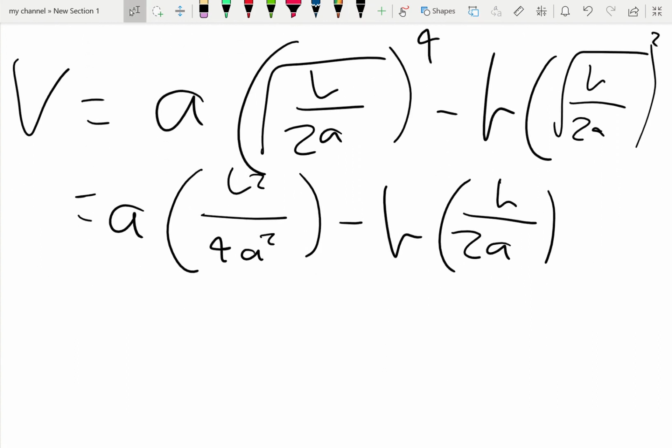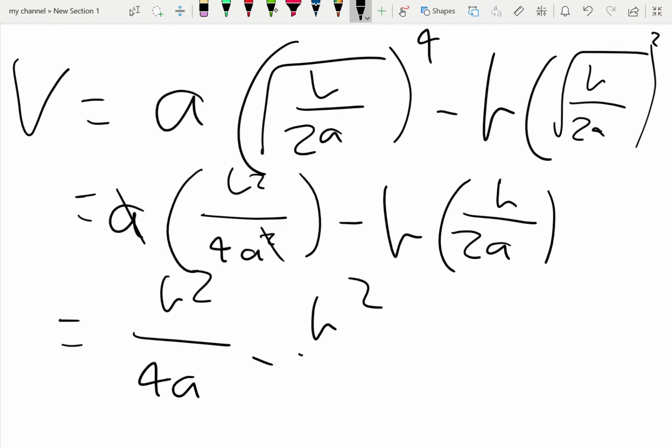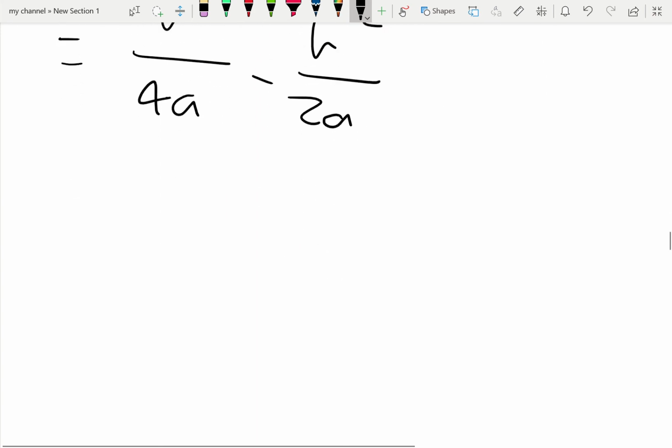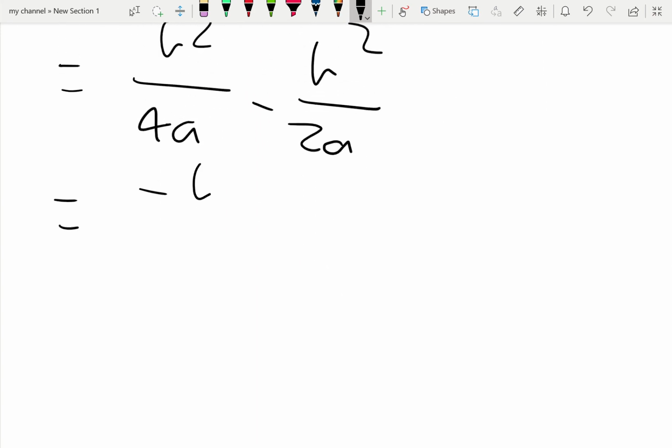Now we can do some canceling out. You get b squared on 4a minus b squared on 2a, which gives us minus b squared on 2a.